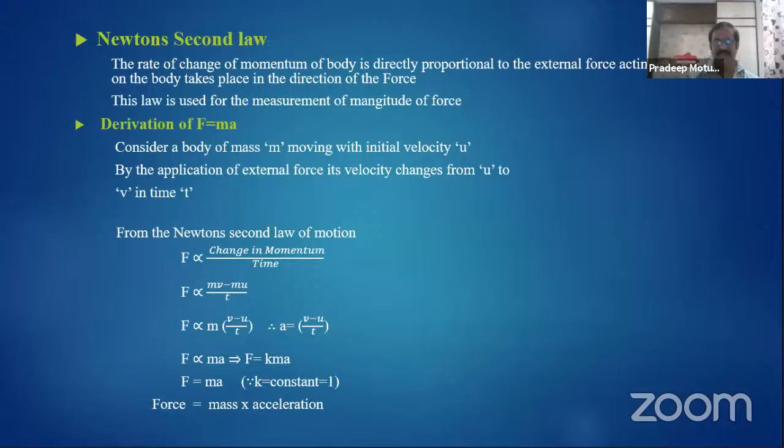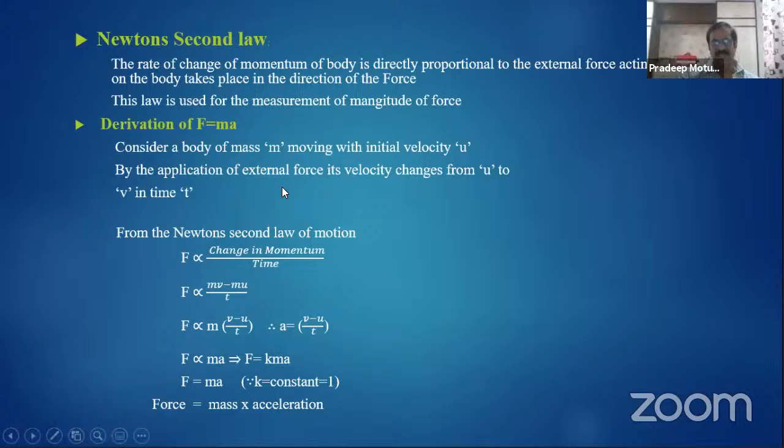See here, Newton's second law measures the force. What is the formula of force? F is equal to ma. If you know the mass of the body and the acceleration, then you can easily calculate the force acting on it. Very important derivation.